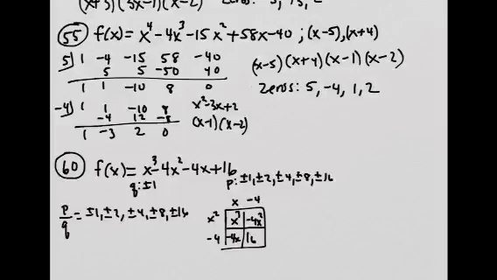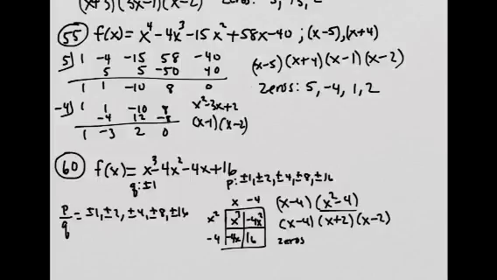What this means is that my factors are x minus 4 times quantity x squared minus 4, and this is a difference of squares, so you could do x minus 4, and then x plus 2 times quantity x minus 2. So the zeros are 4 and plus or minus 2.